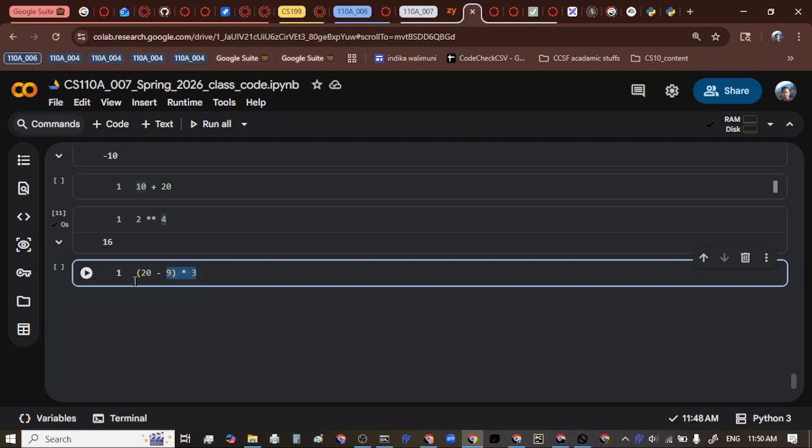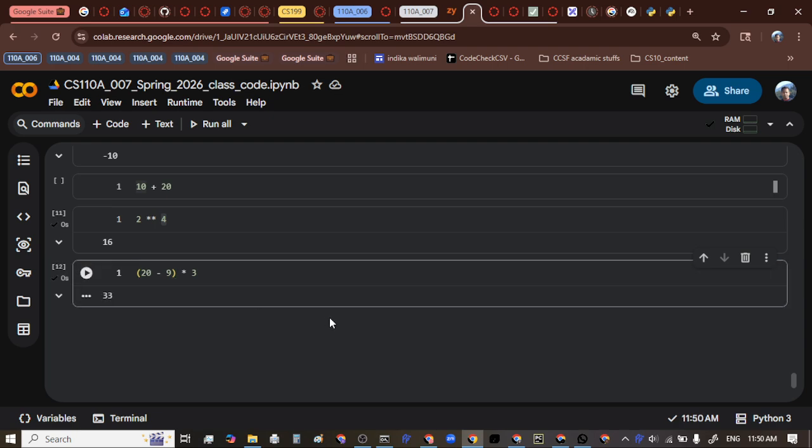We do the brackets first, so this is going to be 33, not negative something.